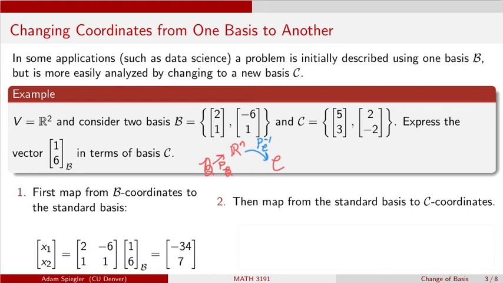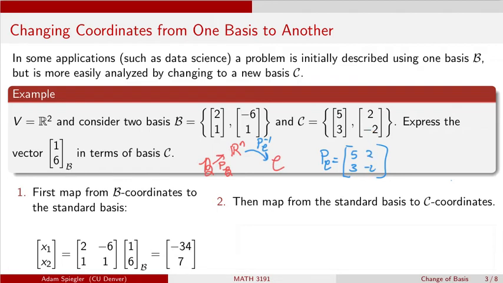So the second stage is going to be to map from the standard basis down into the coordinates relative to basis C. And so the change of coordinate matrix from C to the standard basis, matrix P sub C, would have first column 5, 3, and the second column would be 2, minus 2.